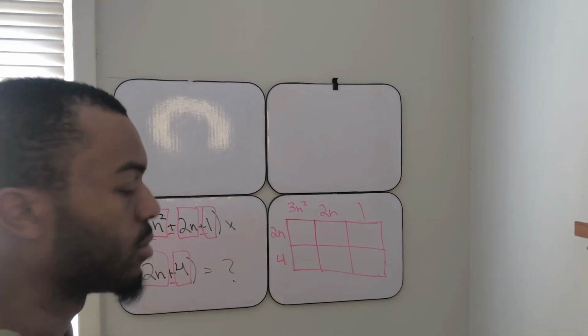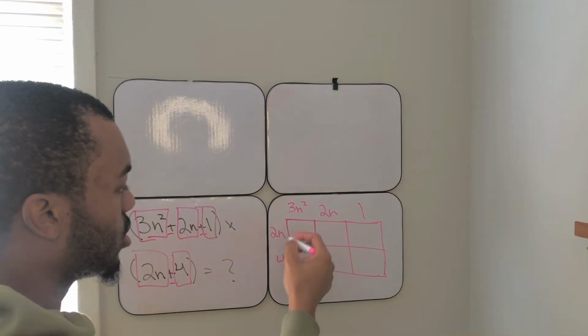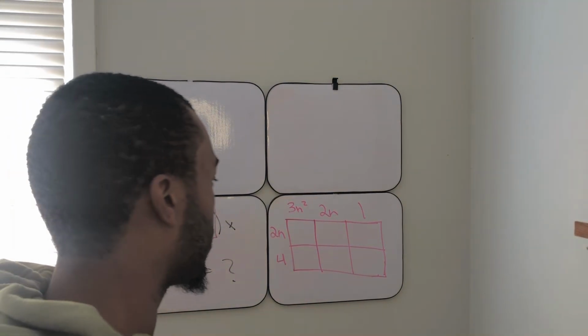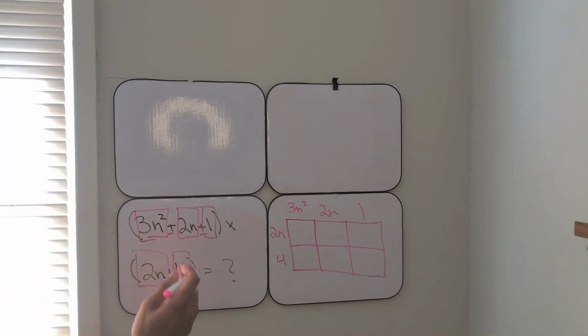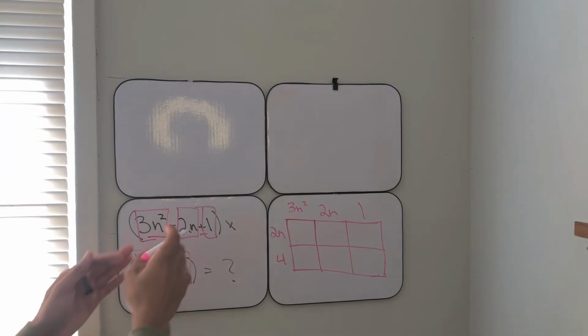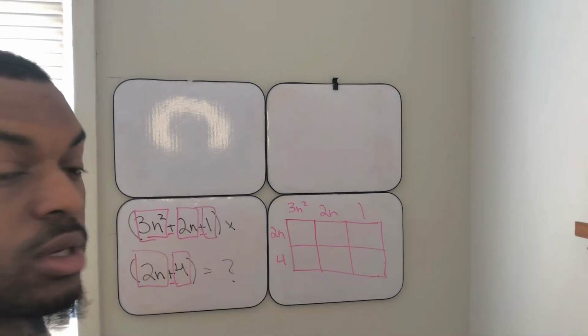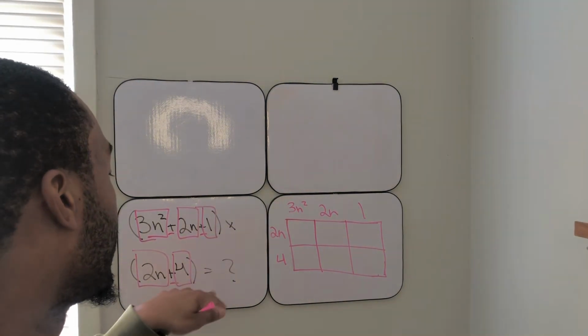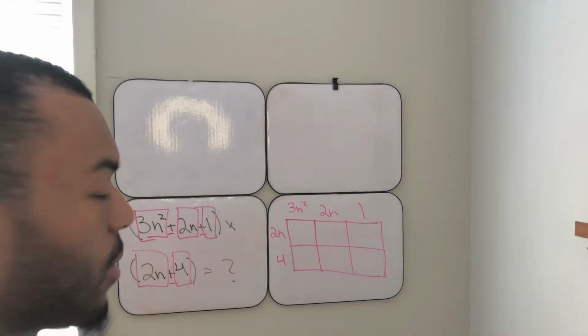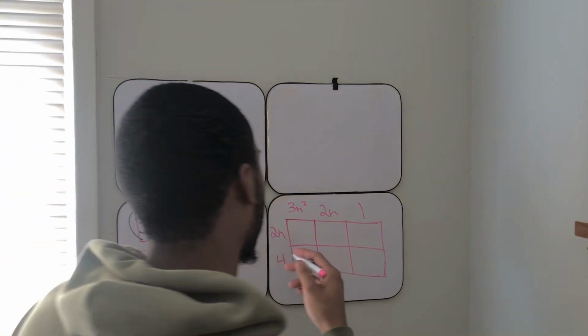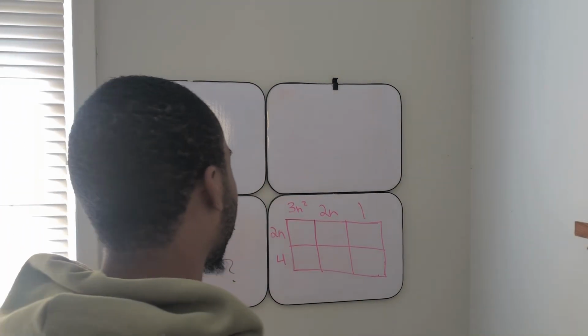I'm sure y'all can see where we're going with this. I'm just going to multiply each of these by each other. If you analyze this carefully, it's just what I said: we're multiplying each term by each term in the other thing that we're multiplying. So 3n squared times 2n.